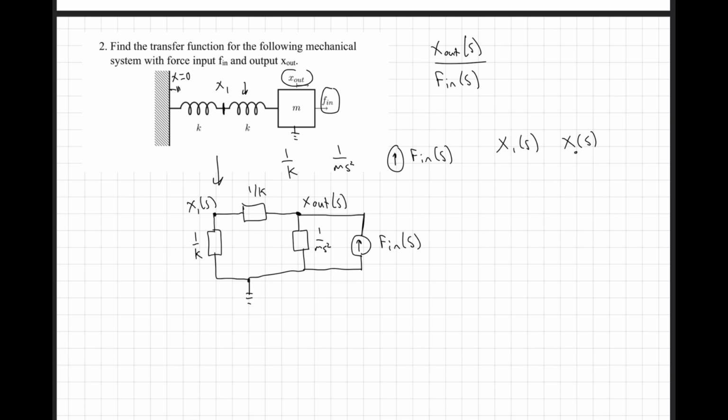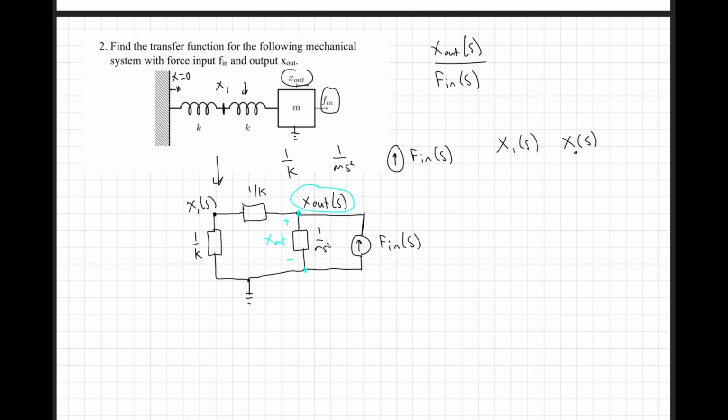So let's see what we can do here. I'm noticing right away that these two are in series. And let's ask ourselves first what we're trying to find. Let's go ahead and find X out of S. So that's the voltage drop from this node down to ground. So X out is right here.